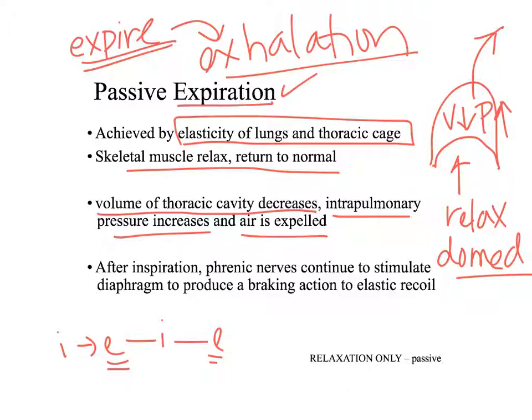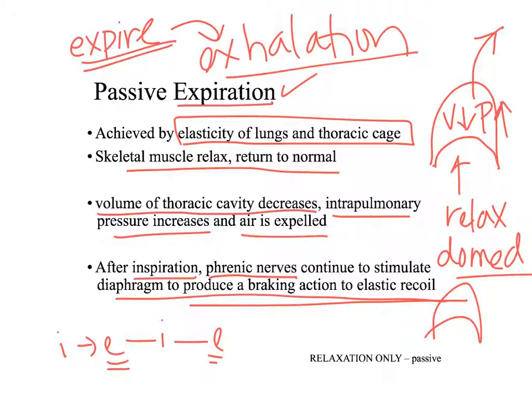After you inspire, the phrenic nerve stimulates the diaphragm and makes a gradual transition, so your breathing is gentle and gradual and not erratic or rough.